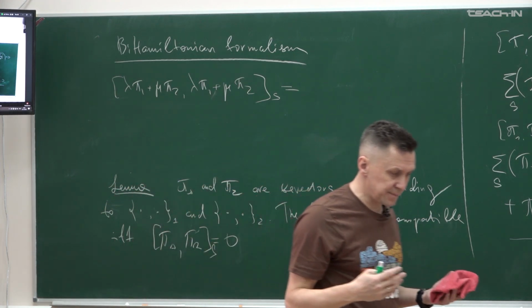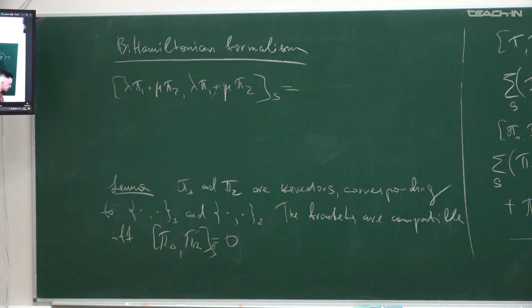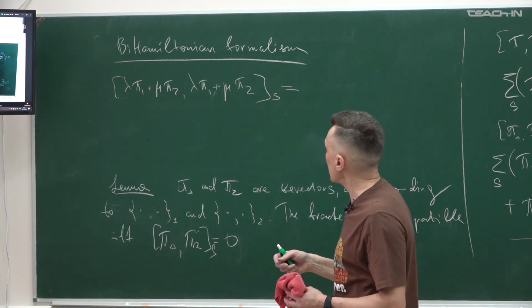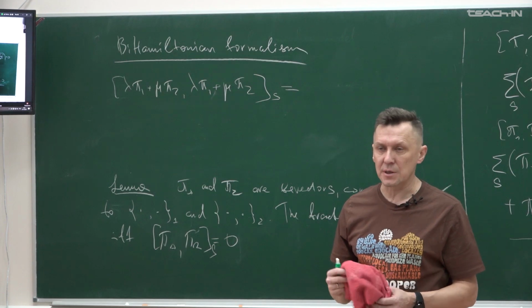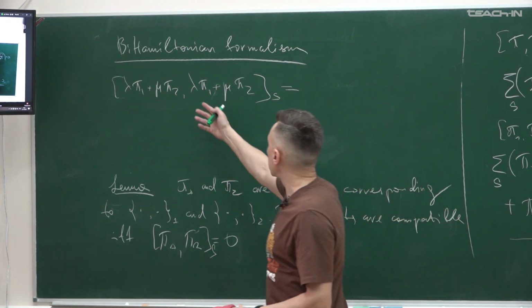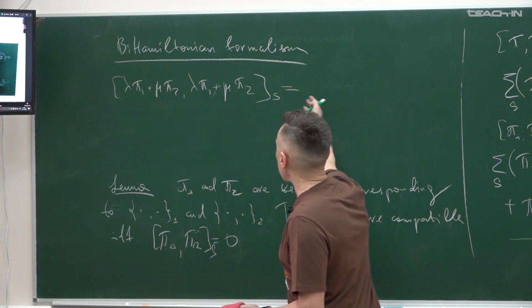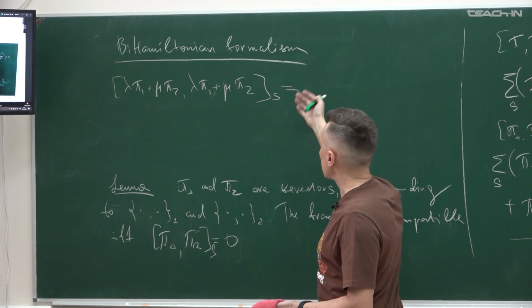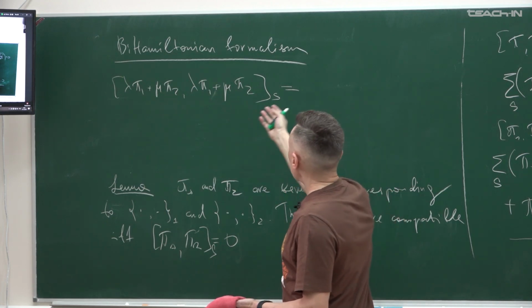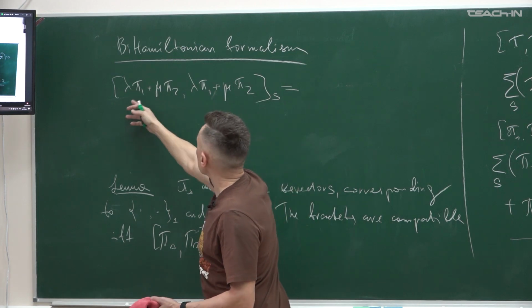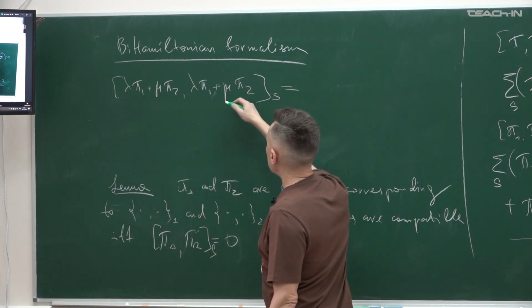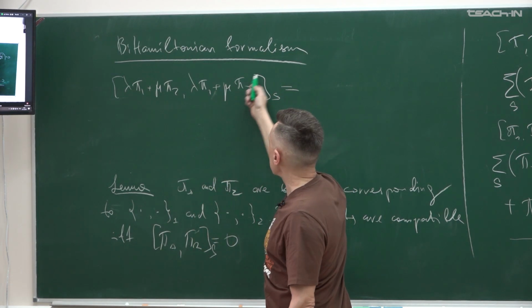It is the extension of the commutator of vector fields, so there is some differentiation, and the constant doesn't interact with this differentiation. So this is linear with respect to linear combinations with constant coefficients.